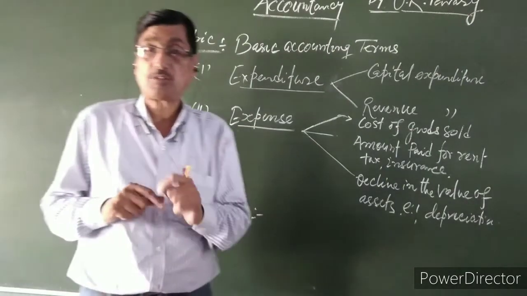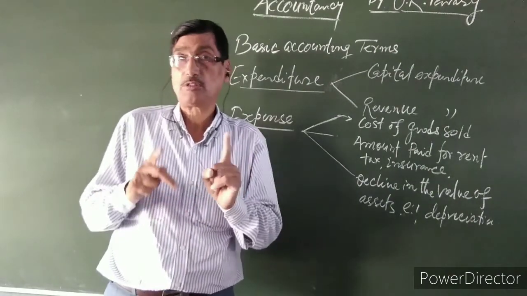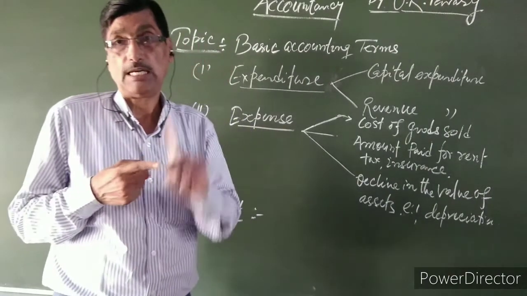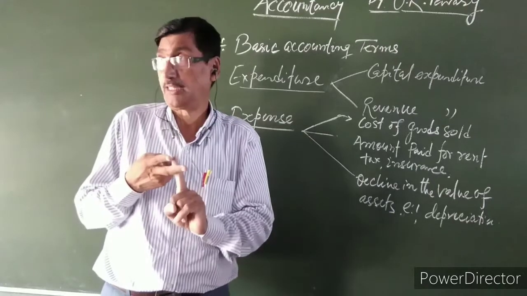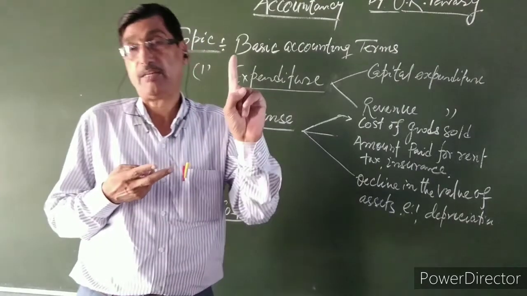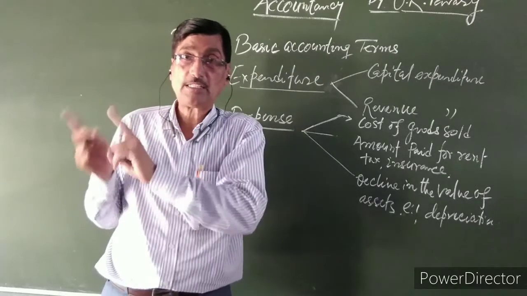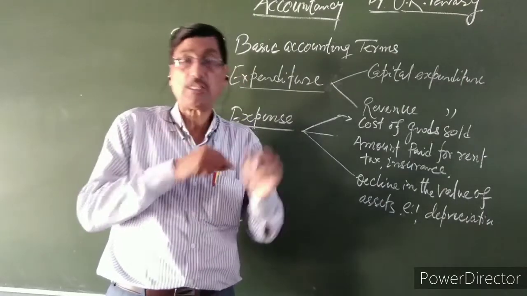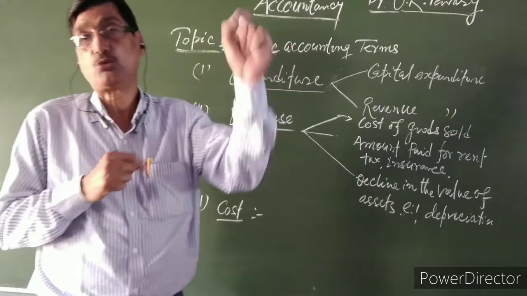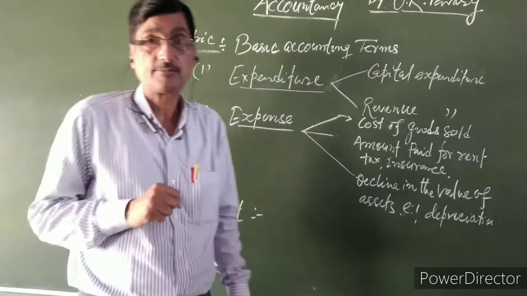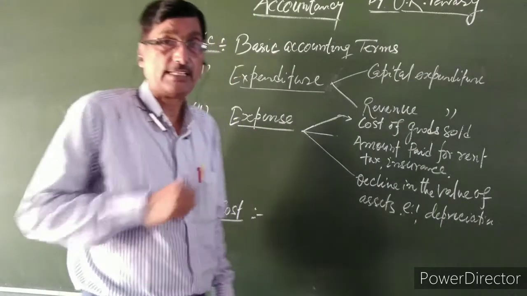And indirect costs are those which are not attributed or incurred directly on the cost center. They are incurred or attributed indirectly whenever we ascertain the total cost of such product. That is called indirect cost.